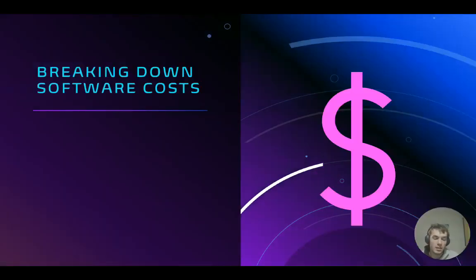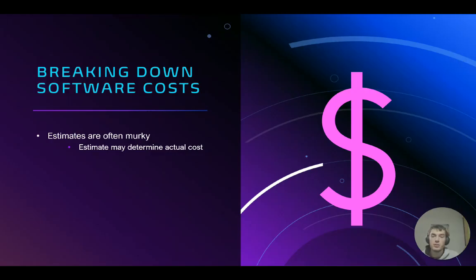So let's take some time to break down software costs in the real world and what the budget of a software engineering project depends upon. It should be noted that estimates are often murky when it comes to software engineering.